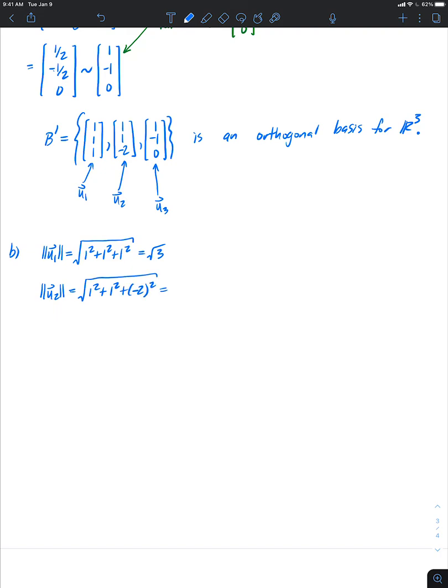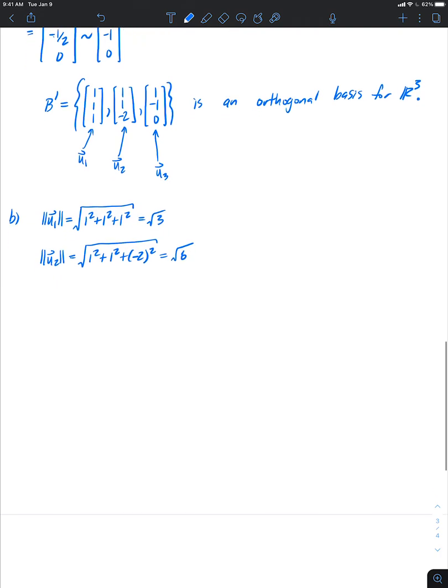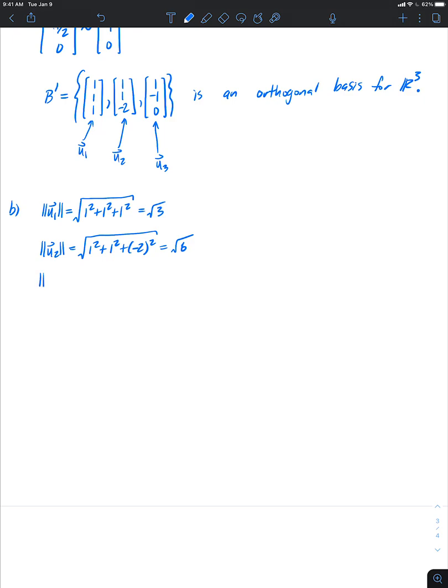Okay, and that works out to being 1 plus 1 plus 4 inside the square root, so you get root 6. And then finally, the norm of u3, well, just square each of the coordinates and add them up, so we get 1 squared plus negative 1 squared plus 0 squared, and you end up with root 2.